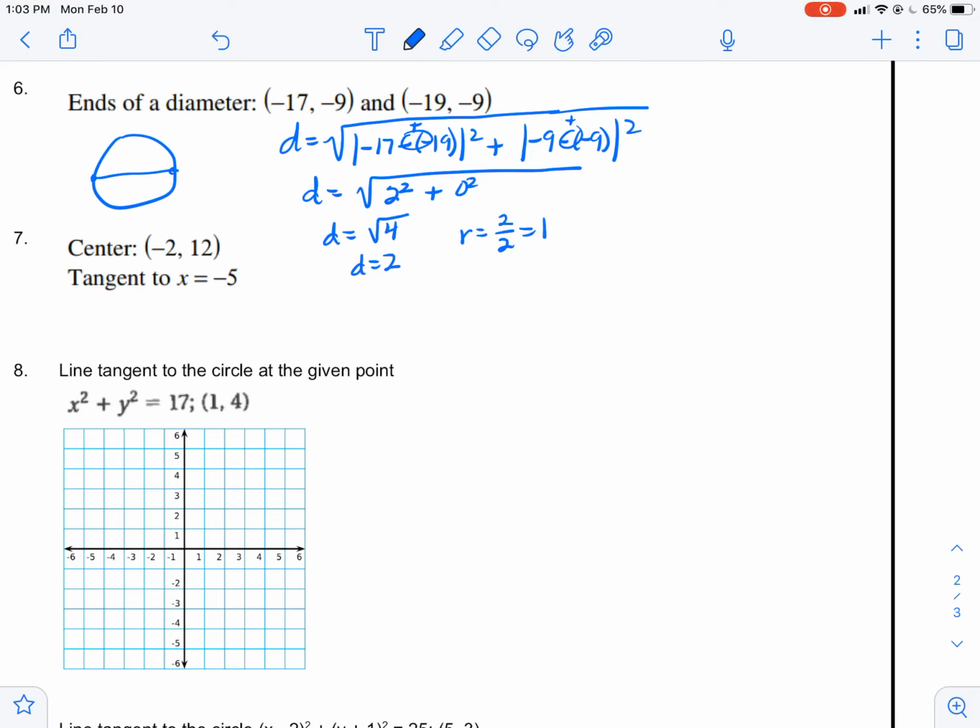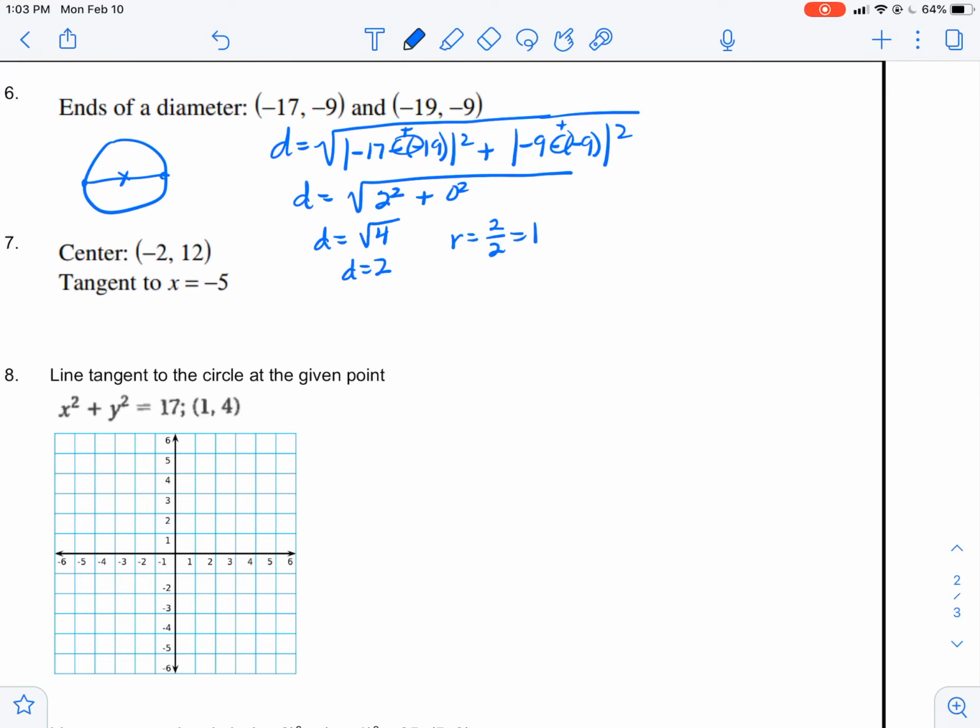So I'm going to go ahead and write, oh, I can't do that yet either, can I? So my radius is 1, but I also now need my center. Now your center, hopefully you know that that's going to be your midpoint. So now we're going to do a midpoint problem, okay, which is to add the 2 and divide by 2.